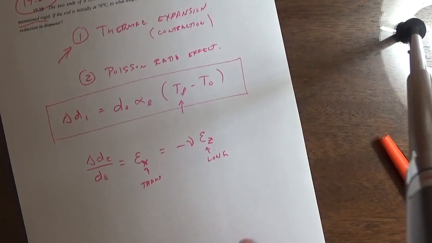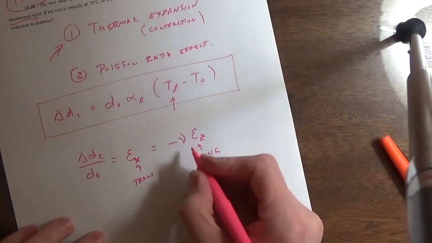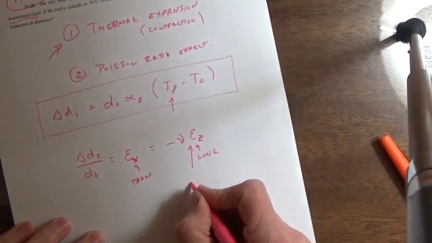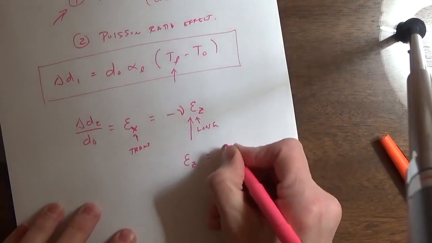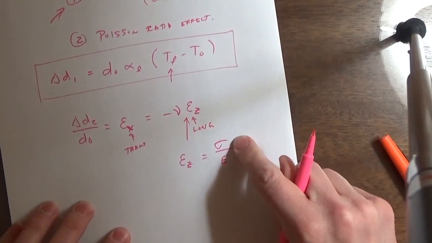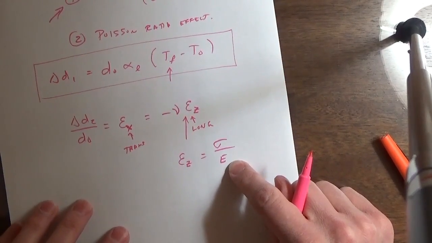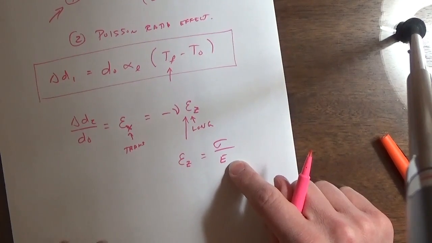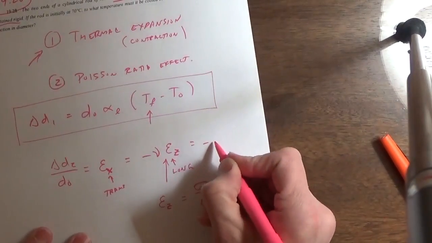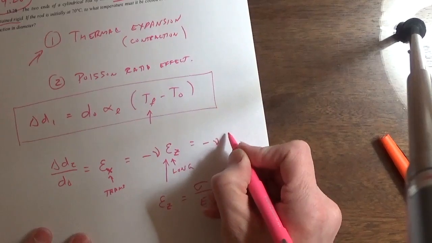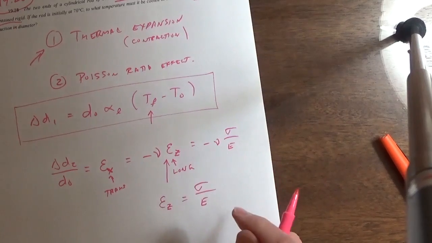Well, it's strained because there is a stress being induced due to the thermal expansion. So this longitudinal strain is associated with the thermal stress and the Young's modulus, which means that let's just write this as negative nu times stress over E.